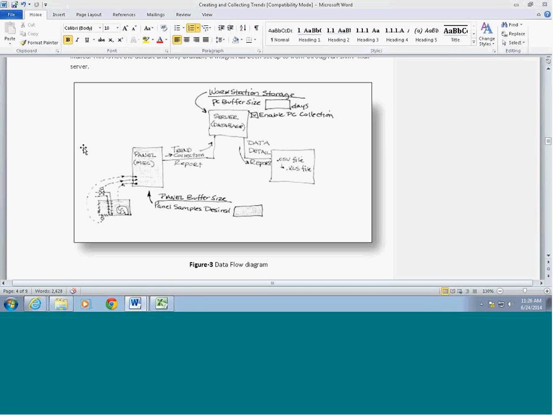You use the server because there's a lot more memory. It's a little bit more accessible, easy to get to. So one of the processes that needs to happen is you need to set up a trend collection. It gets the data off every panel, puts it on the server, and allows you to store more data on that computer. And there's a step that really applies more to you than the facility.